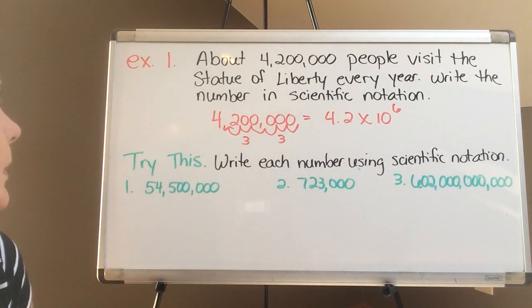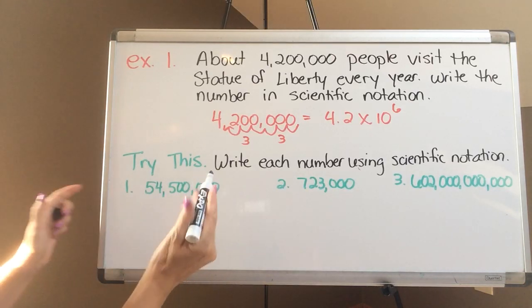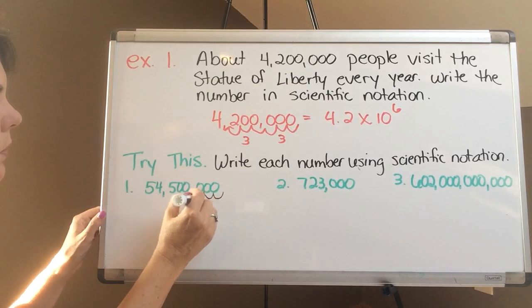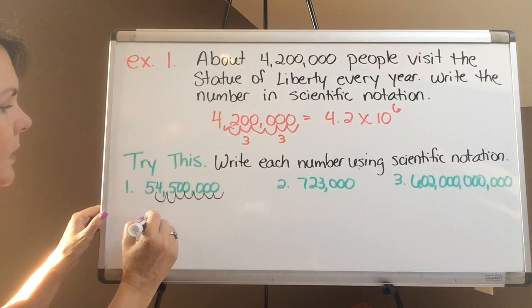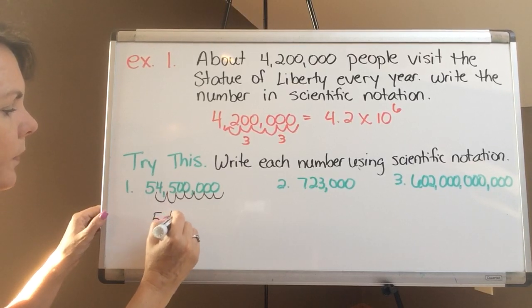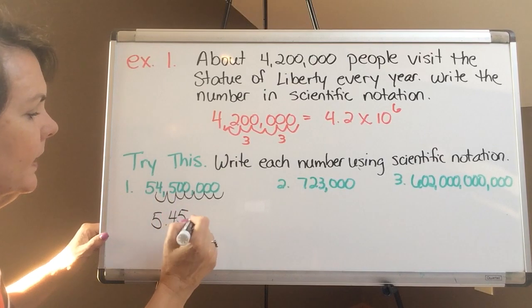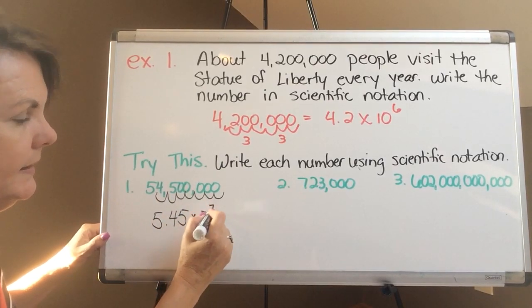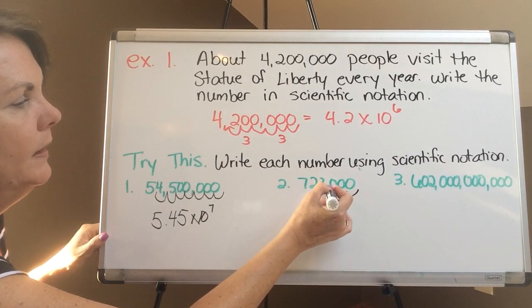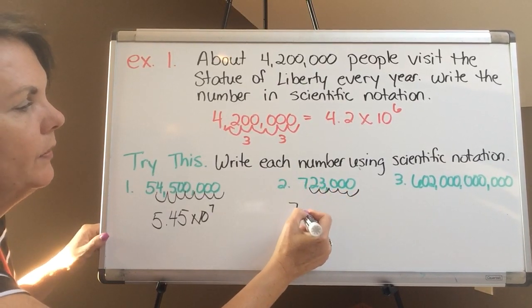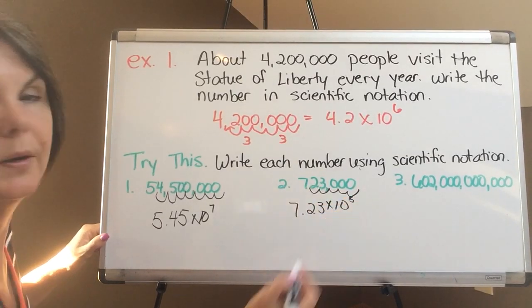Now, let's try a couple. All right, 54,500,000. Here we go. 1, 2, 3, 4, 5, 6, 7. So my number is 5.45. These are called significant digits, times 10 to the 7th power. Look at this one. 1, 2, 3, 4, 5. 7.23 times 10 to the 5th power.